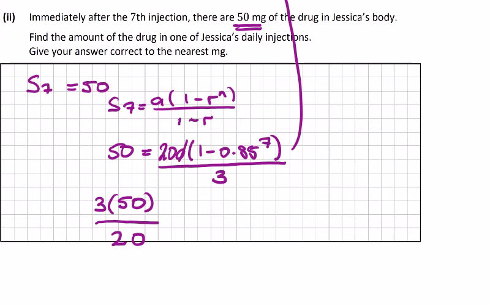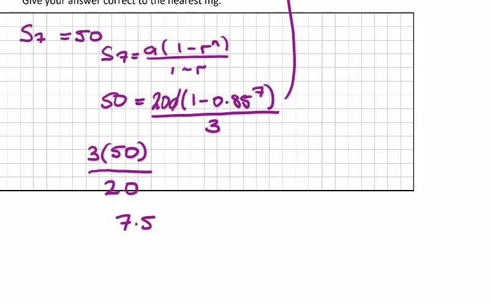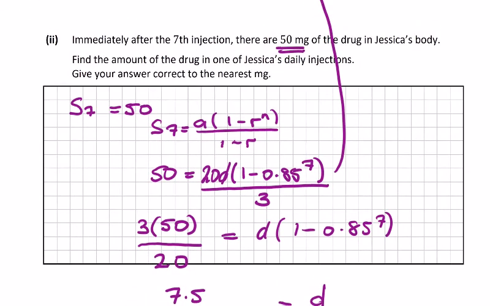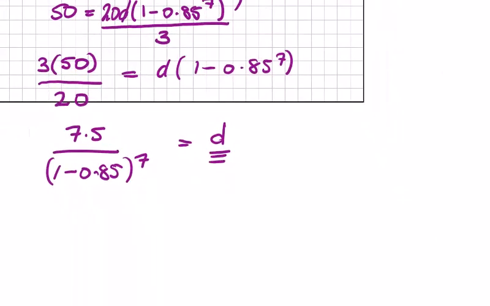So that's 7.5. And then on the right hand side, what will be left is D times 1 minus 0.85 to the power 7. So divide by 1 minus 0.85 to the power 7. That should give us D, the amount of her injection, the amount of the drug in one of her dailies.